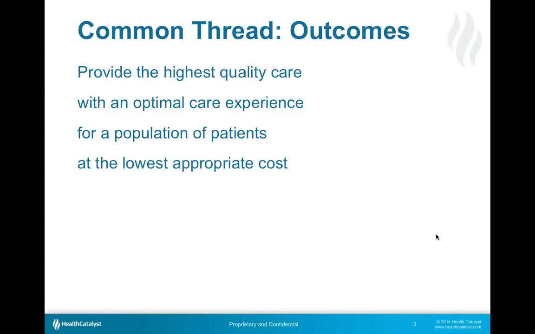But I think there's a common thread, and that common thread is outcomes. If I were to try to state it simply, our objective is to really provide the highest quality care with an optimal care experience for a population of patients at the lowest appropriate cost. And if you look at that statement, we have quality outcomes, we have experience outcomes, and we have cost outcomes that we're really trying to improve.